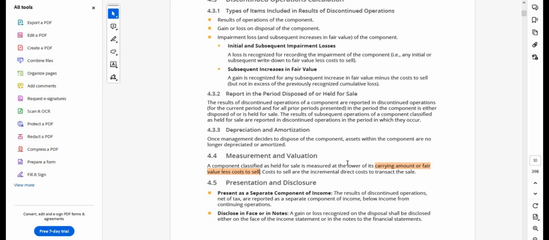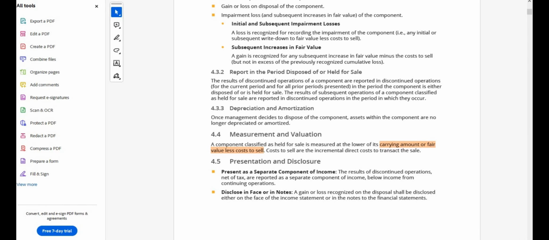In such cases, it's required to be measured at the lower of its carrying amount and its fair value. This ensures that assets held for sale are not overstated on the balance sheet and that any expected losses on disposal are recognized in a timely manner.